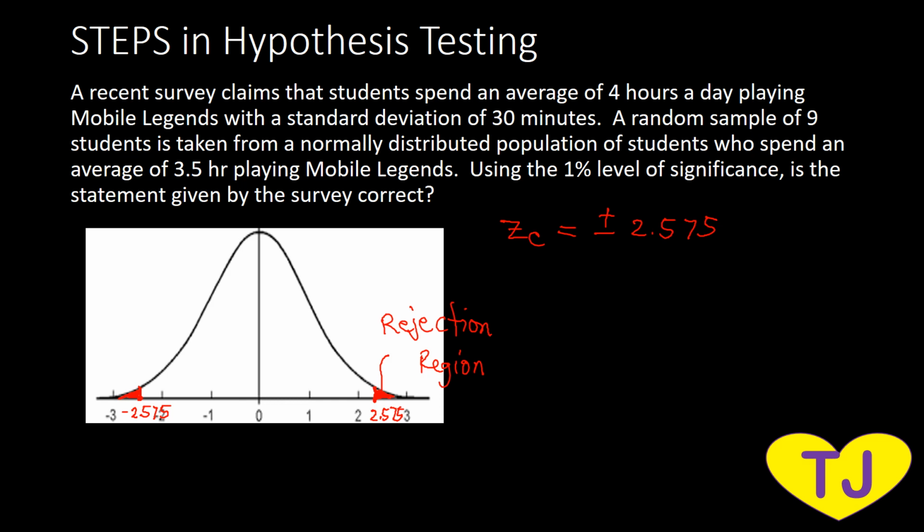Now, also, since this is a two-tailed test, we also take this one as another rejection region. So that means we have two rejection regions, one from the left side, one from the right side. So again, once we've computed the z value, and we happen to know that the z value is located in the shaded region, automatically we are to reject our null hypothesis.